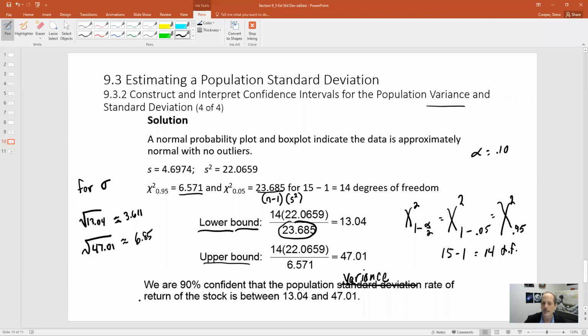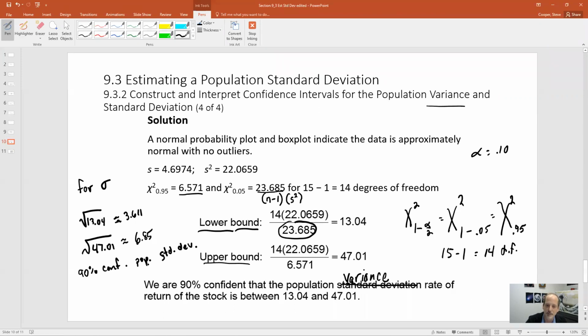Okay, so we're 90% confident that the population standard deviation, I'm abbreviating everything here.